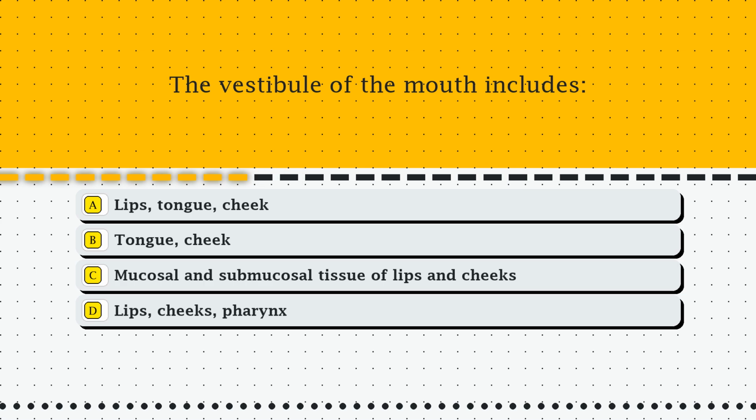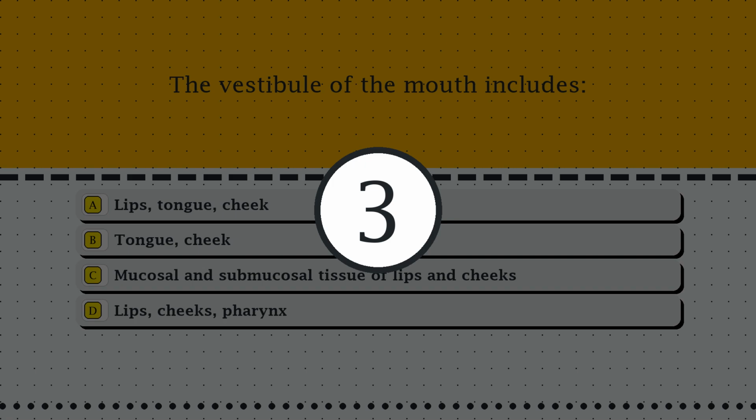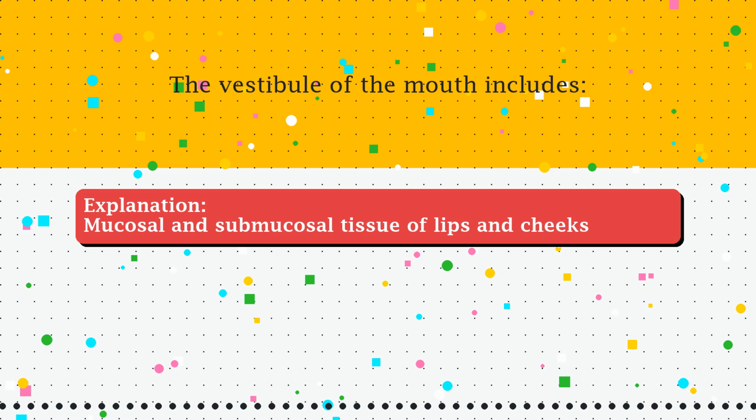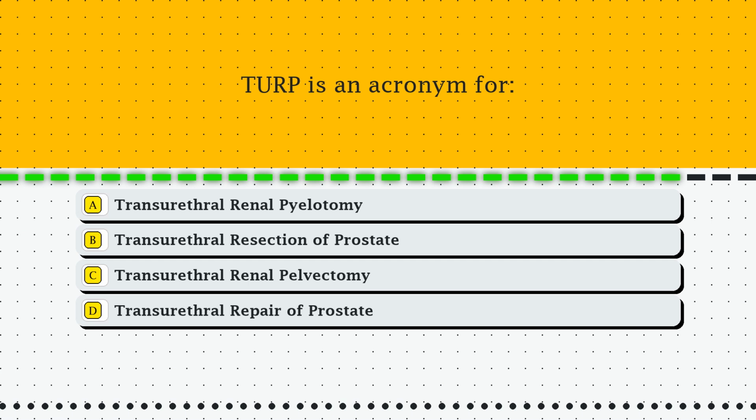C, mucosal and submucosal tissue of lips and cheeks, option D, lips, cheeks, pharynx. The correct answer is option C, mucosal and submucosal tissue of lips and cheeks. Question 155.